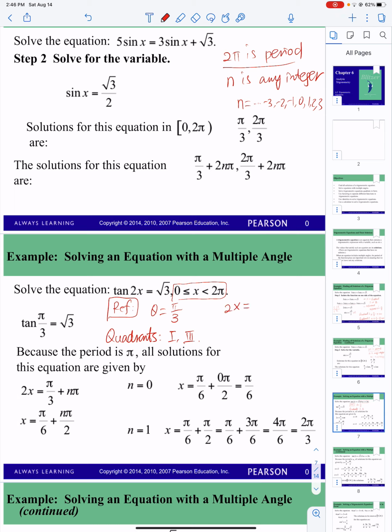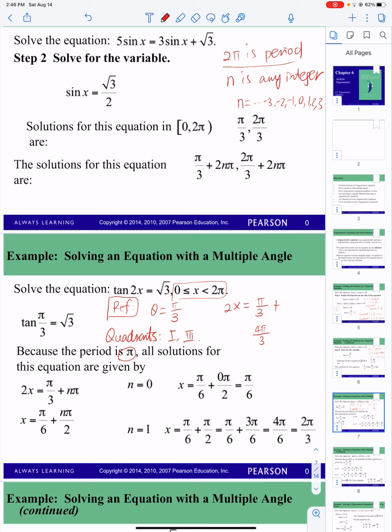So what does this tell you? 2x will be equal to pi over 3 plus k pi. Because the first and third quadrants are involved, it can be 4 pi over 3. But for the tangent, the period is only pi, so you can simplify here: pi over 3 plus n times pi.